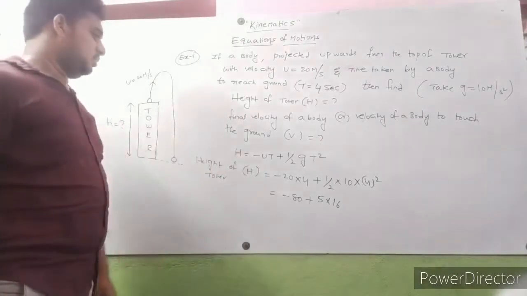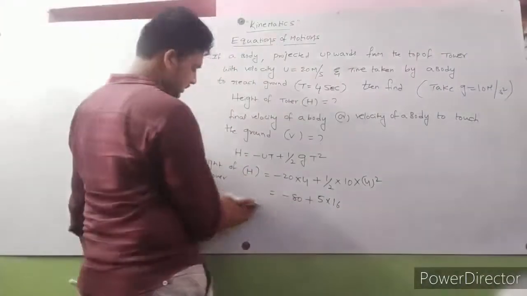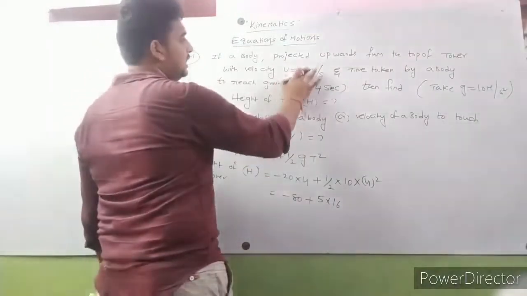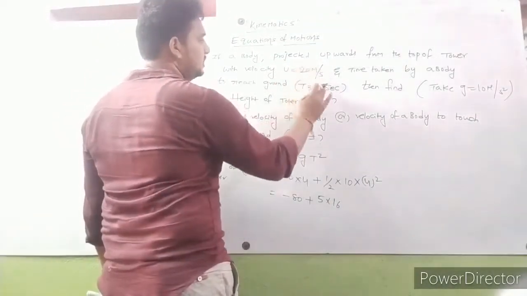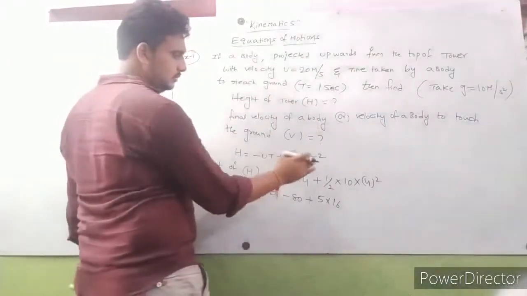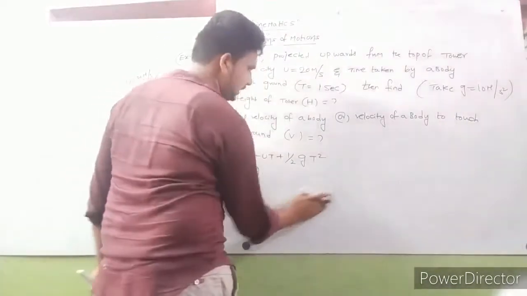So if I projected a stone, for example, I consider, please change the t value as 1 second. Please change the t value, time of flight be 1 second. Small thing to change here.